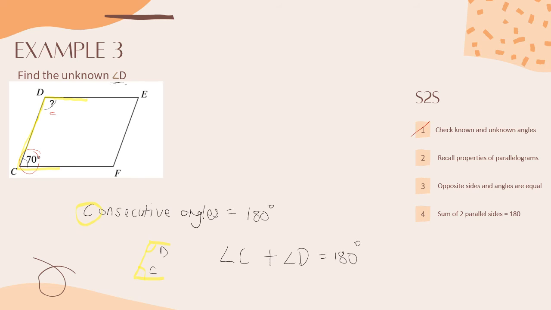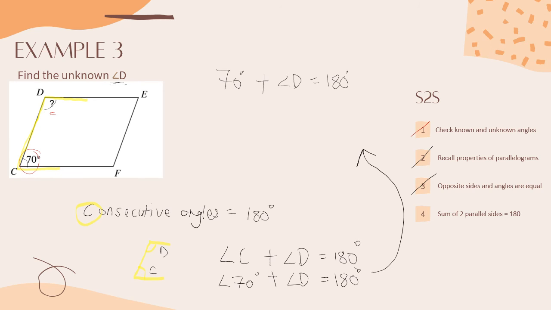Now, yang kena bagi is angle C. So angle C yang kena bagi is 70 degree. So that is 70 degree plus angle D, which you need to find. Let me just put this up right here. So 70 degree plus angle D equals to 180 degree. You need to find angle D.